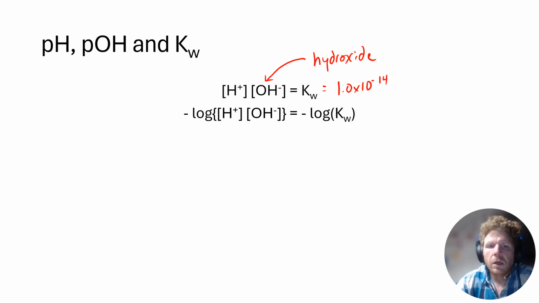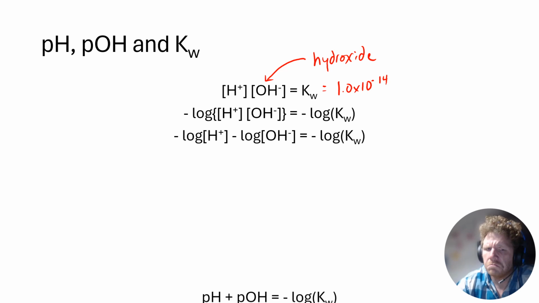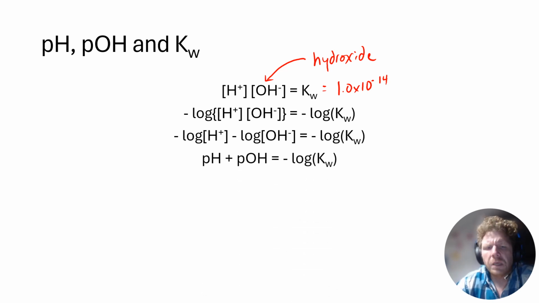Okay. Now, if we want to put all of it together, we would say negative log of those concentrations is equal to negative log of the Kw. Negative log of our hydrogen ion concentration minus the log of our hydroxide ion concentration is equal to the negative log of Kw. Okay. pH, something that we're familiar with, pOH, that's a little bit of a different thing.